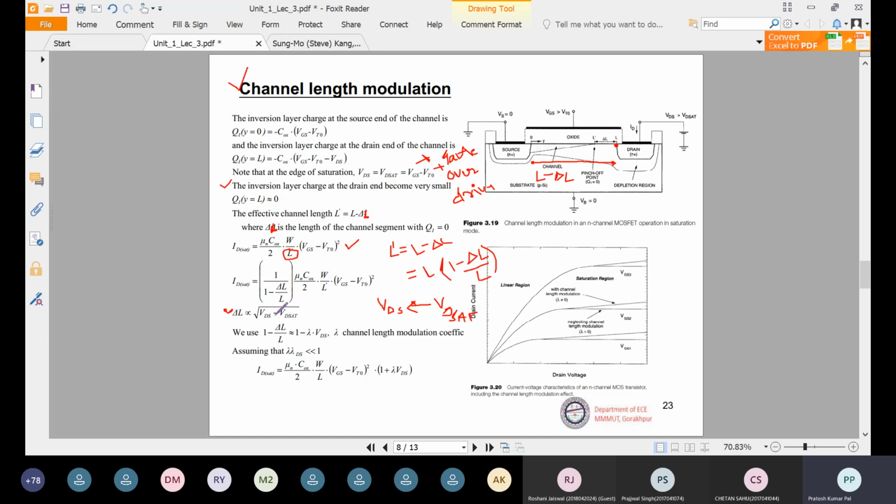So we will take consideration of this parameter also, and also this 1 minus delta L divided by L. If we take this to the upper side, what will it become?